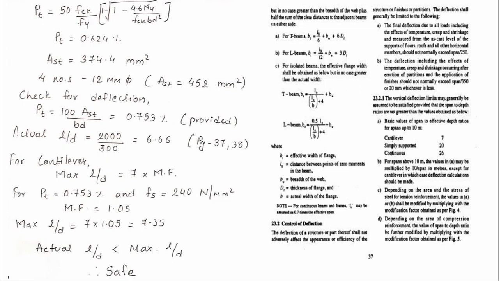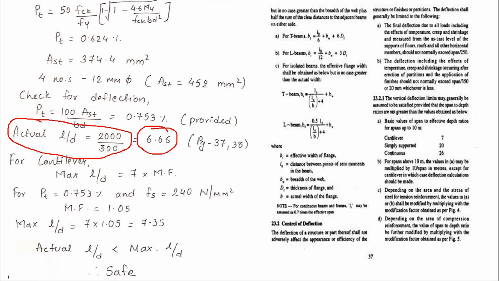Our actual L by D ratio is length upon depth. The length is 2 meters, already given in the question, that is 2000 mm. D is the effective depth, also given in the question, which is 300. So this ratio is 6.66. The actual L by D of our beam is 6.66.